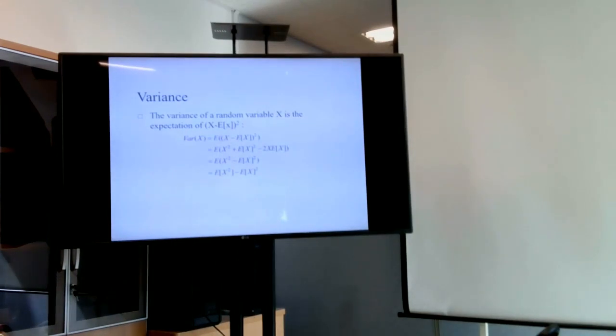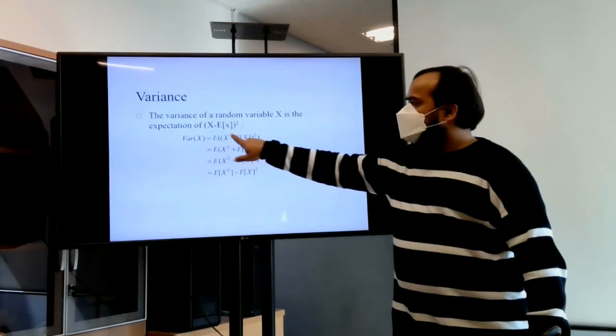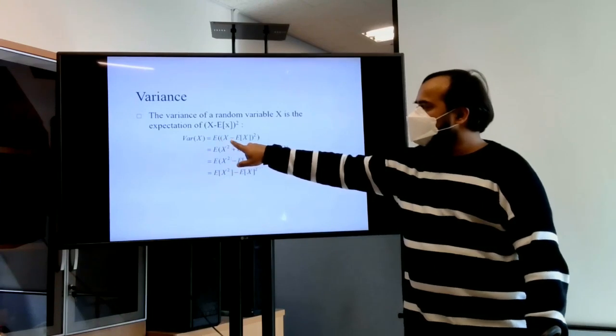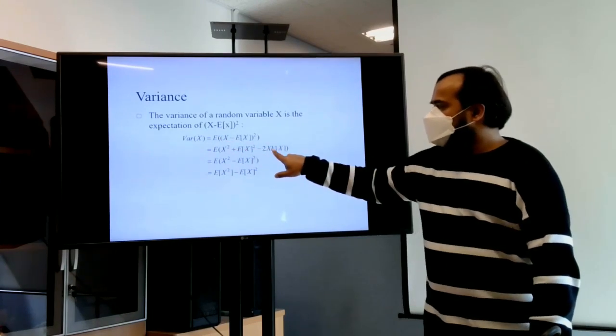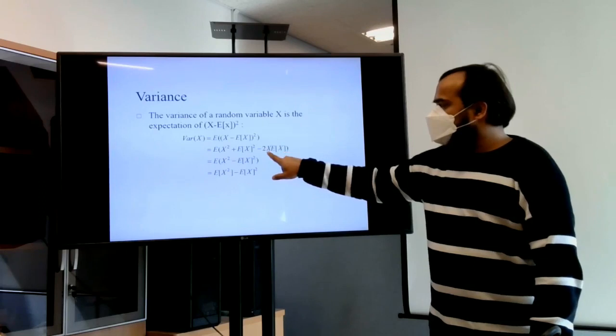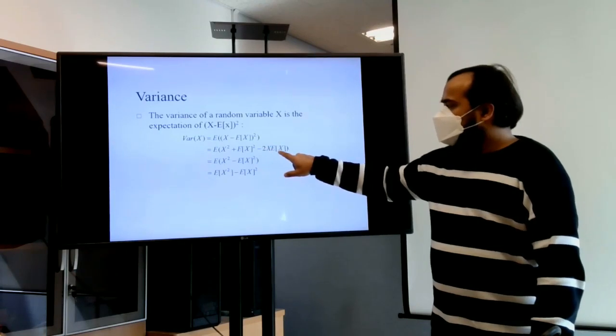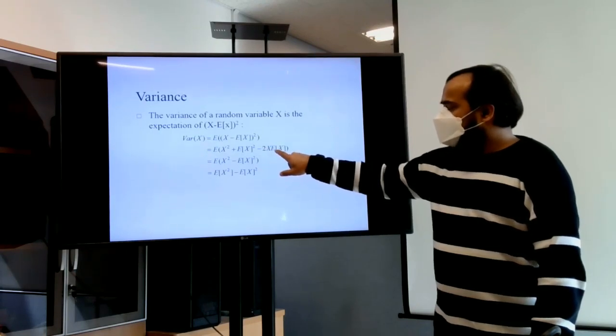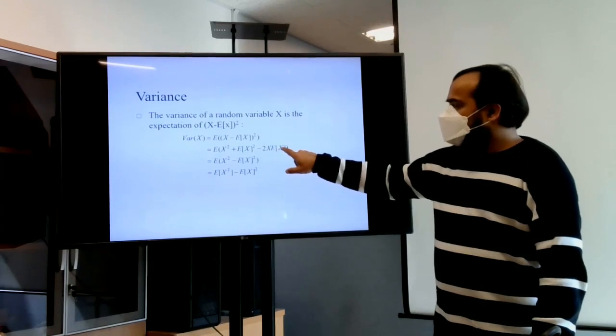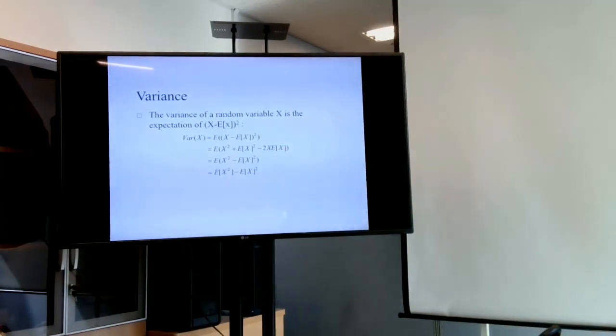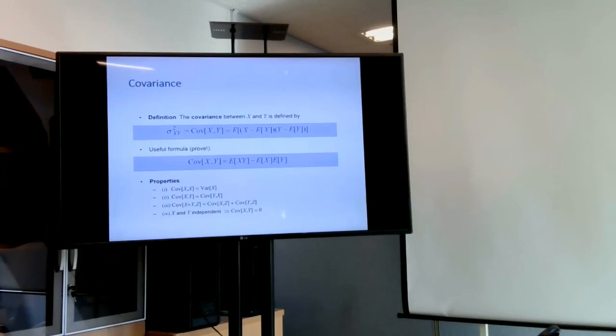Here, if we solve this mean square, then it will turn out like this one, and this will equal 0 because of the crossing term, crossing the variable x. And what is covariance?